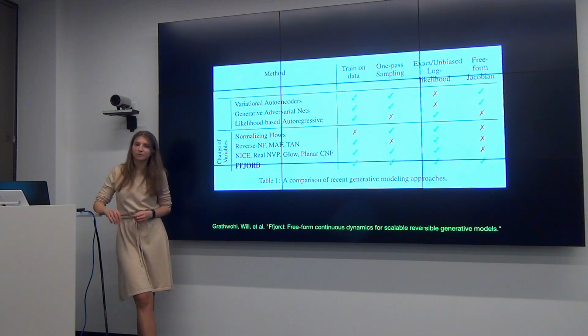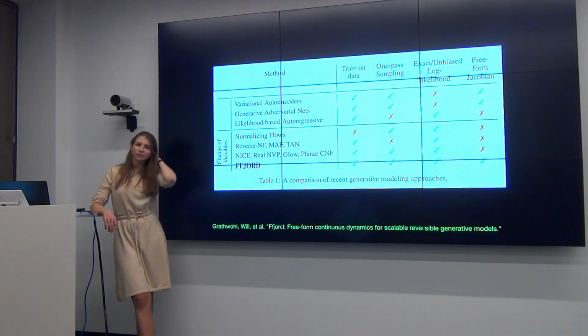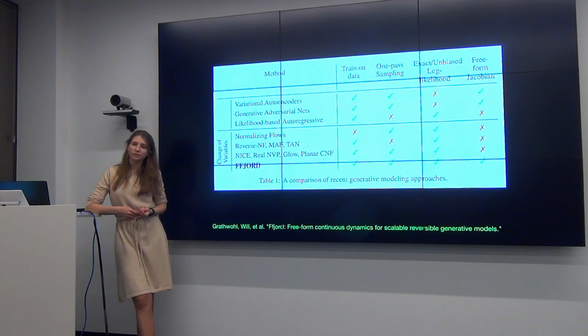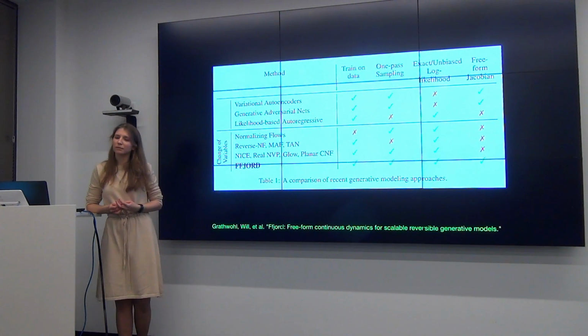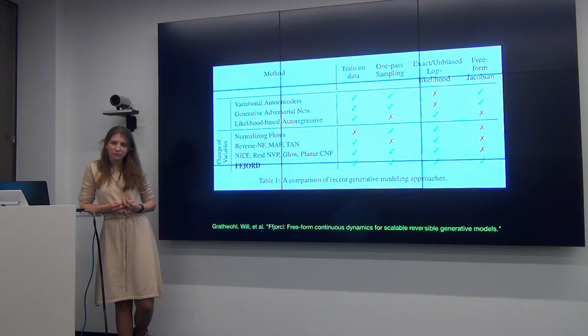And for conventional normalizing flows, it is very difficult to keep such forms of transformations that have the Jacobian that doesn't depend on Z. Because if it depends on Z, then you have some issues.